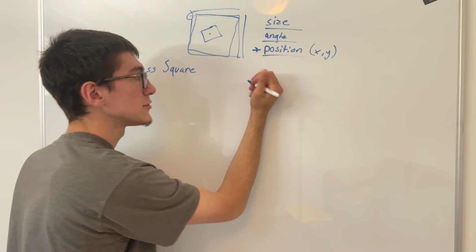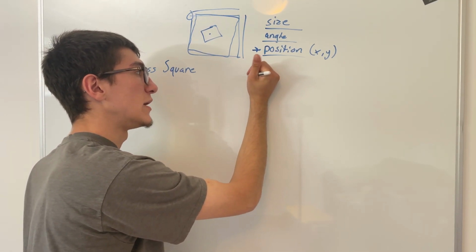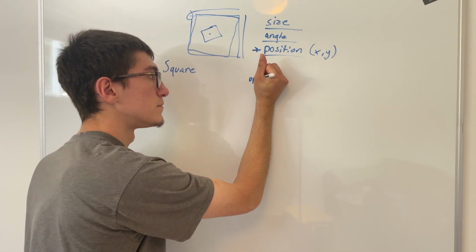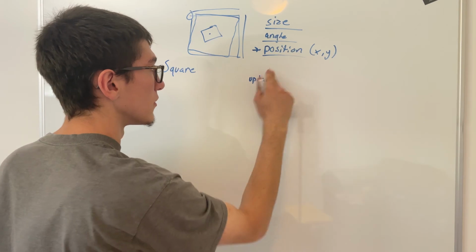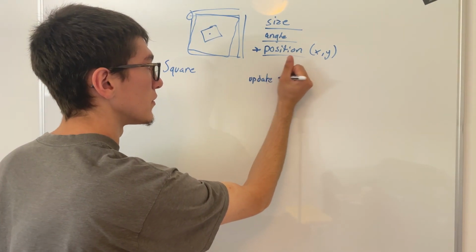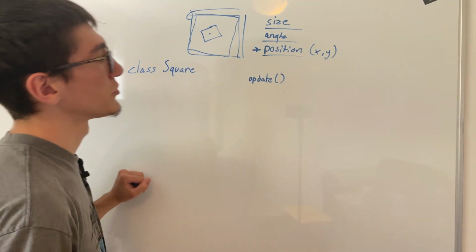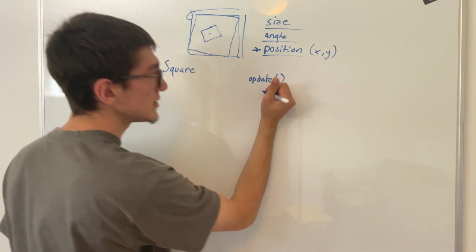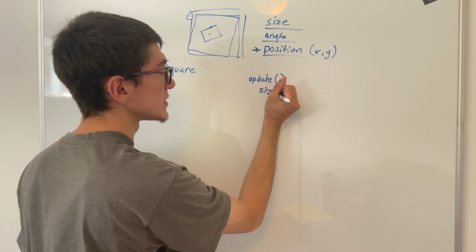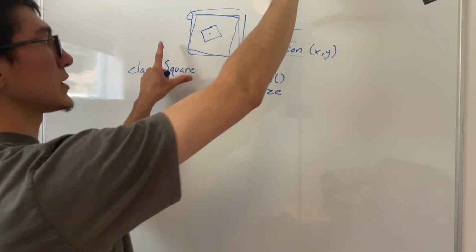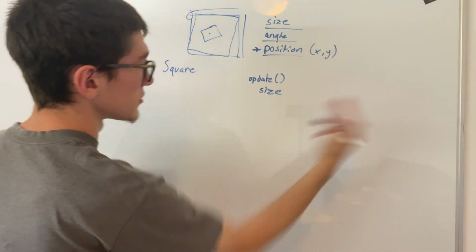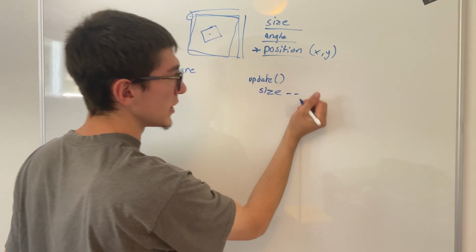So I was thinking we could have a function for updating the square. Update, not going to receive any argument. We'll need to change the size. I was thinking the size is big to start with, and it's getting smaller, so we want to make it smaller.